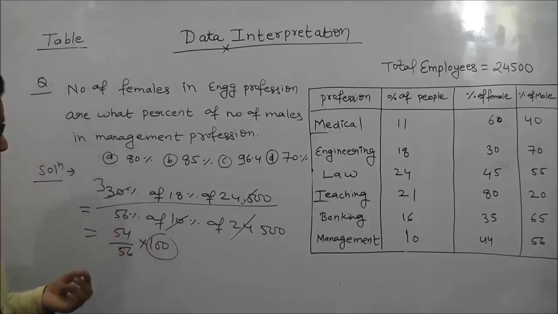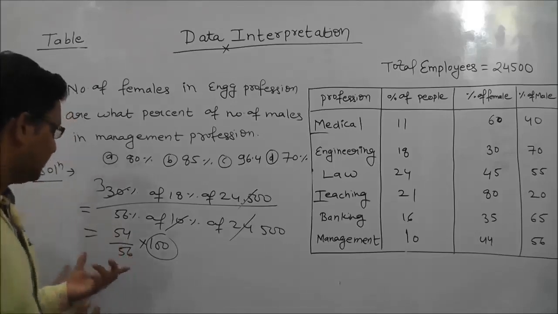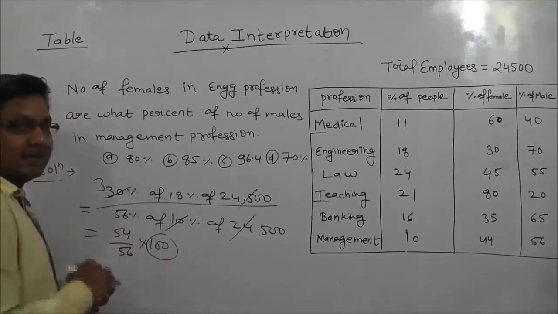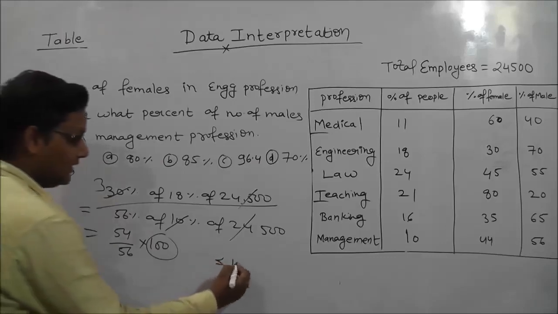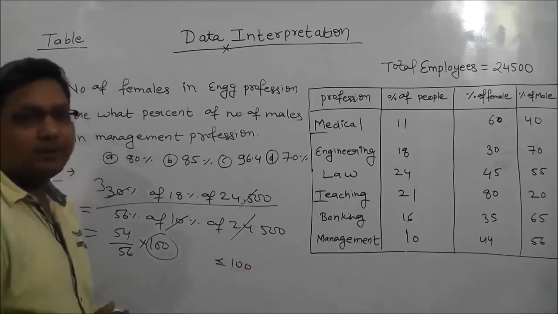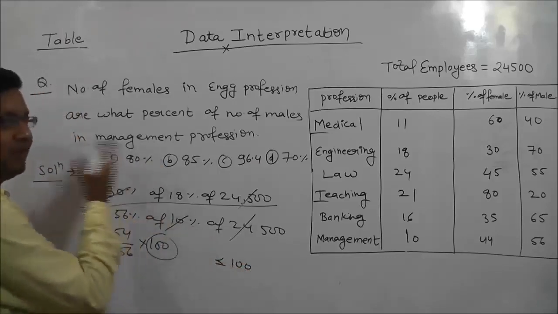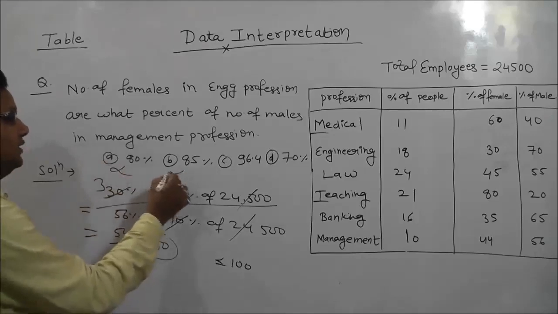54 upon 56. If the value of the numerator becomes 56, the value will become 1, that is 100%. So it is a little less than 100%, so it will be more than 95 or 90%. Let's see the options. This is far away from 90%. This is also far.